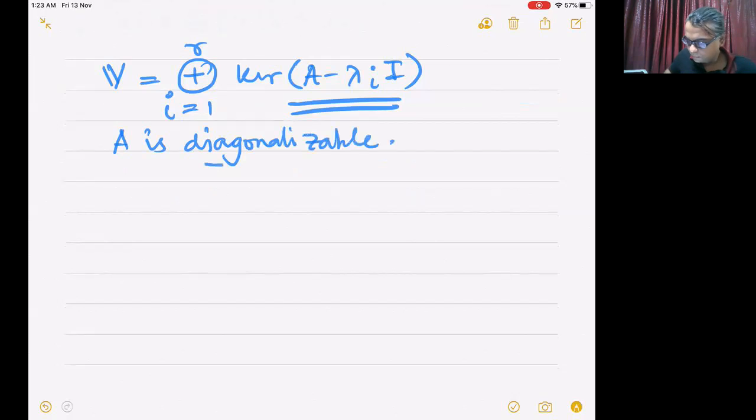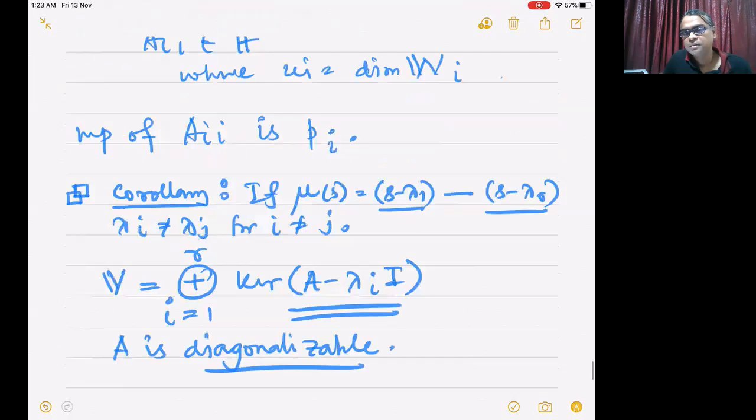So if the minimal polynomial is a product of linear factors, each of degree 1, and the lambda i's are distinct so the factors s minus lambda i are co-prime, then the matrix is diagonalizable.